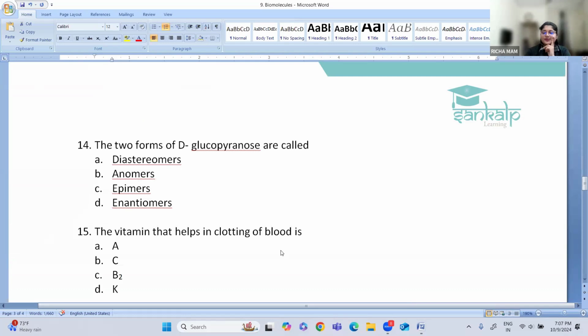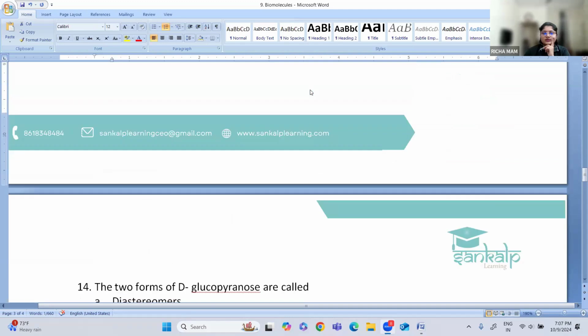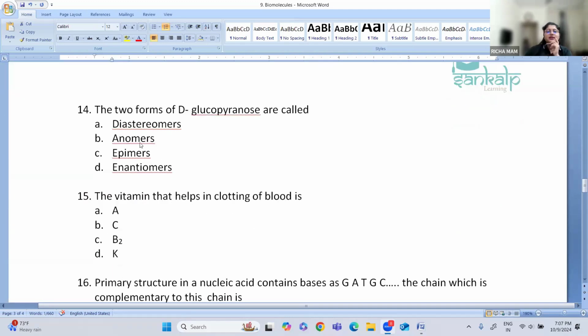The two forms of D-glucopyranose are called anomers.